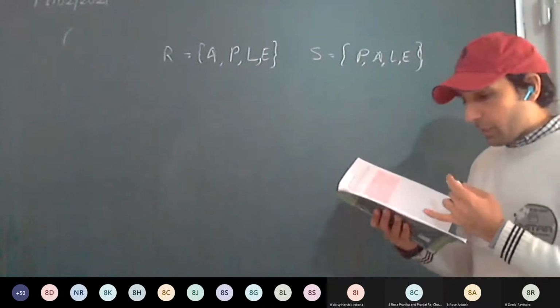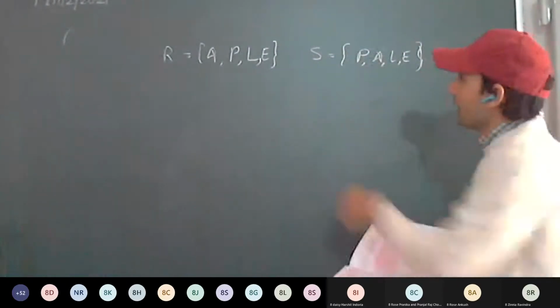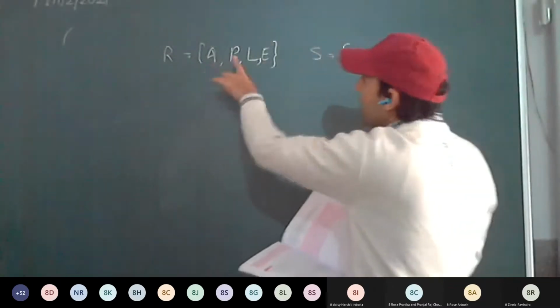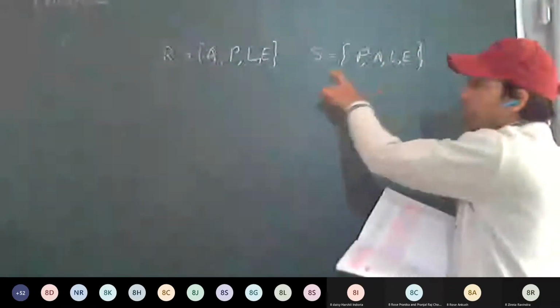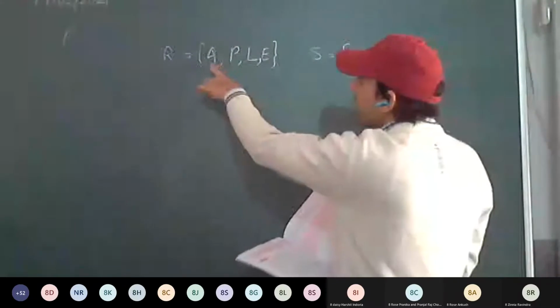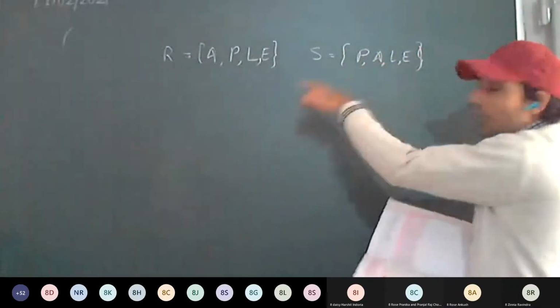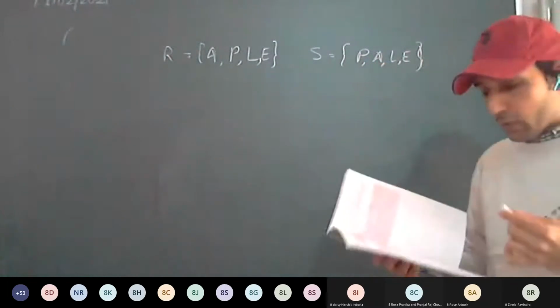Both have the same cardinality, the same number of elements. They are equivalent sets, because the number of elements in R is equal to the number of elements in S. And are they equal sets? See, A P L E, A P L E, same elements, therefore they are equal sets as well.